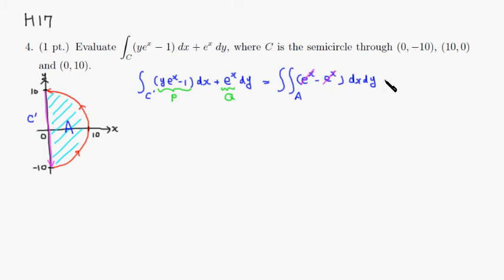Therefore, this is going to be 0. This indicates that the vector field F, which is (y e to the x minus 1, e to the x), is conservative.